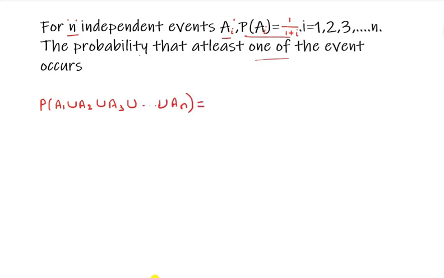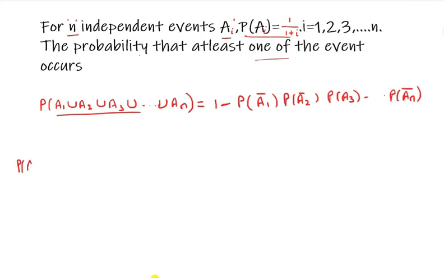That is nothing but, because when they are independent events we can write this one as 1 minus P of A1 bar into P of A2 bar into P of A3 bar and so on, P of An bar, we have to find out in case of independent events.